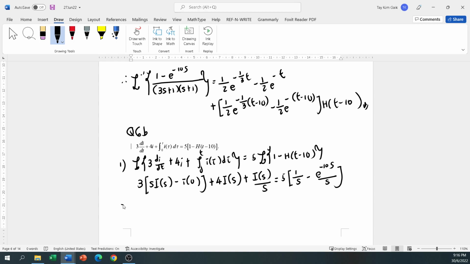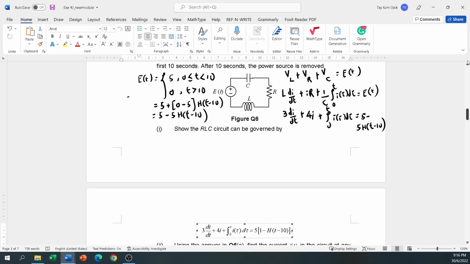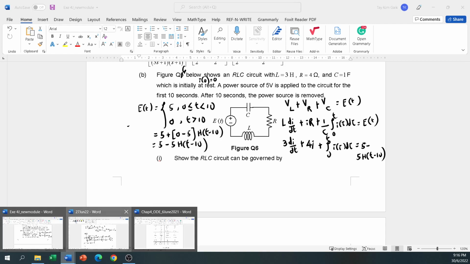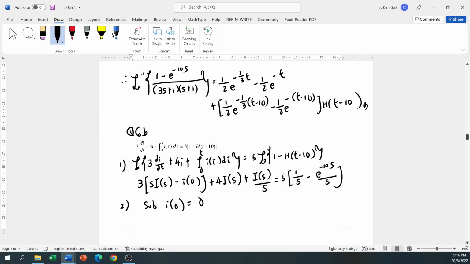Second step, substitute the initial condition I(0) equal to 0, because the question says it is initially at rest. So when t is 0, i is 0, I(0) equal to 0.